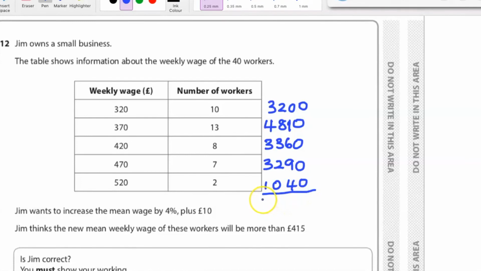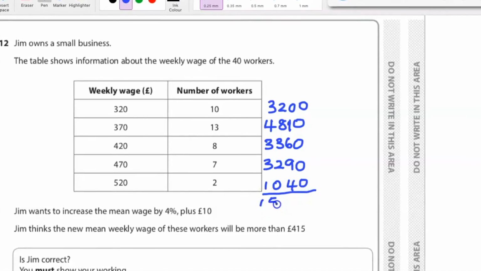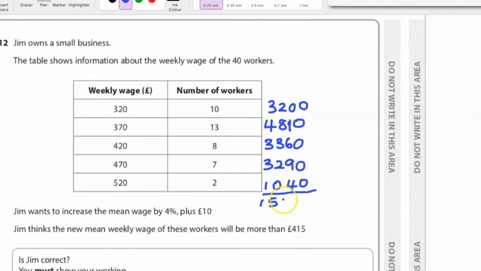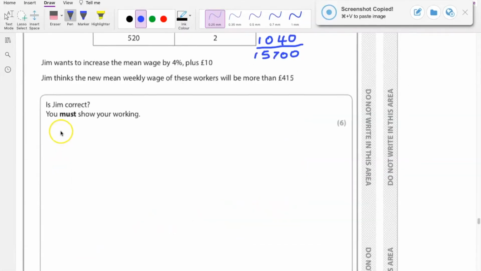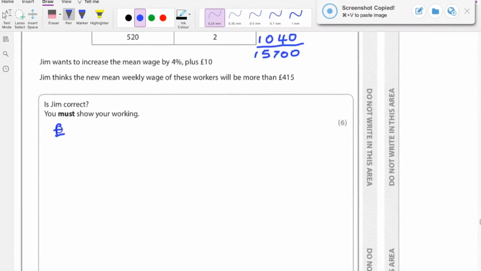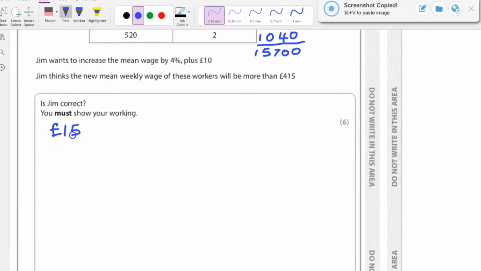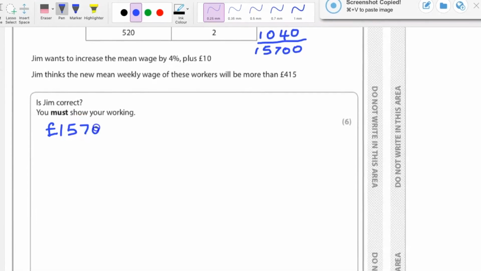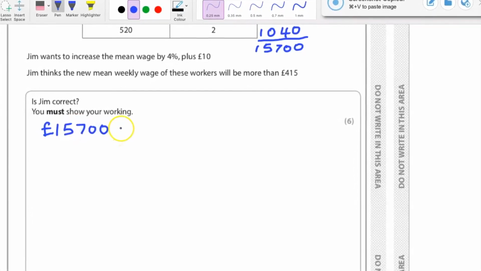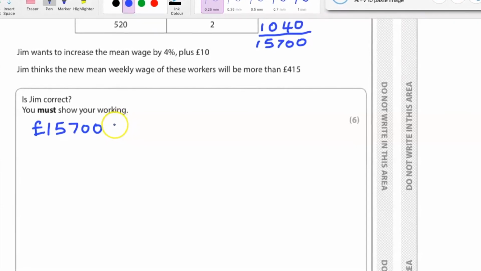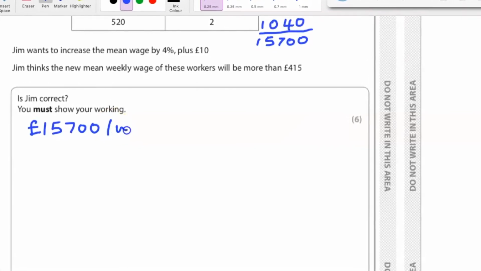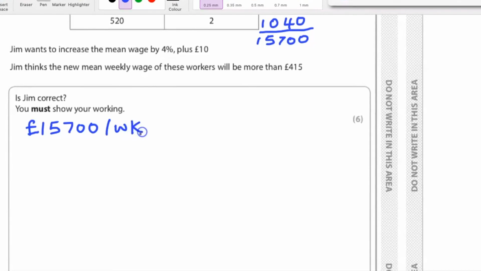you will get 15,700. Therefore, 15,700 is the workers' total amount for a week for all the workers.